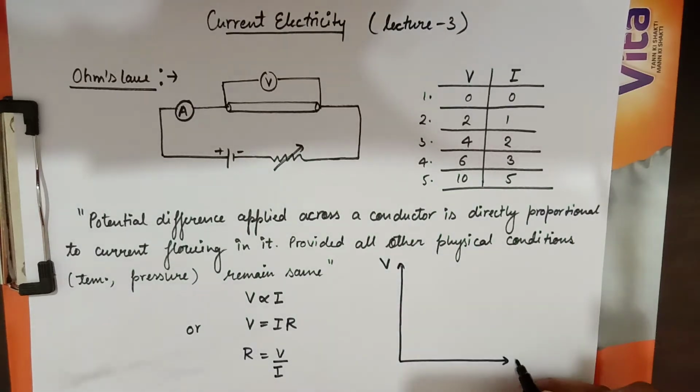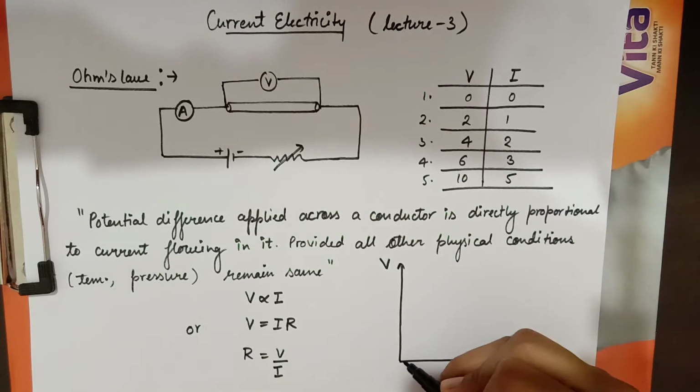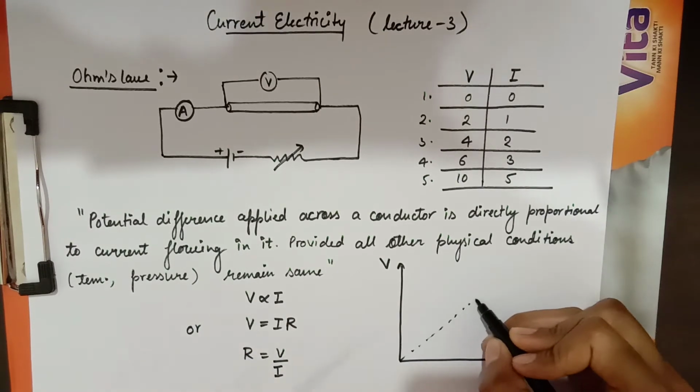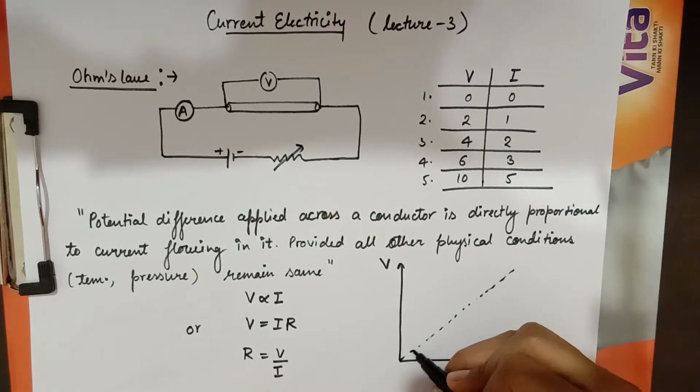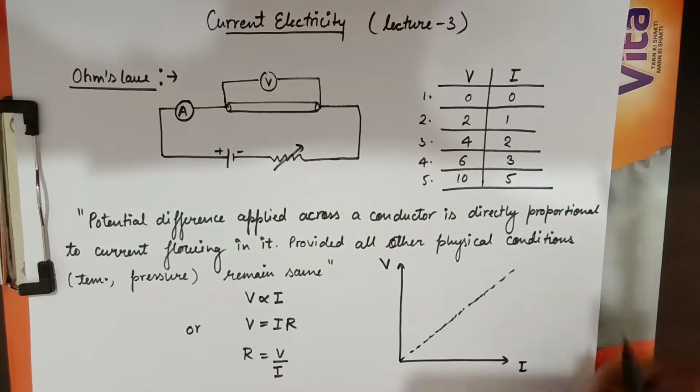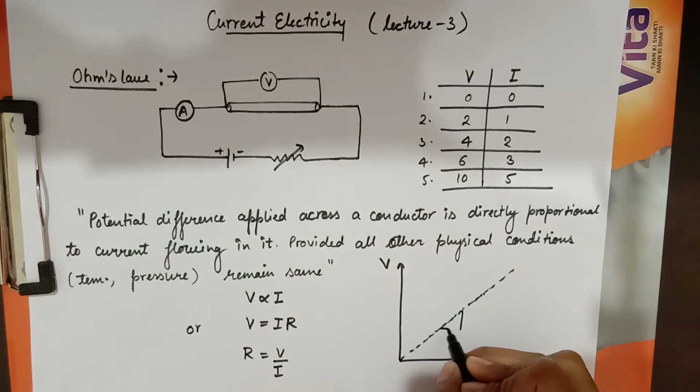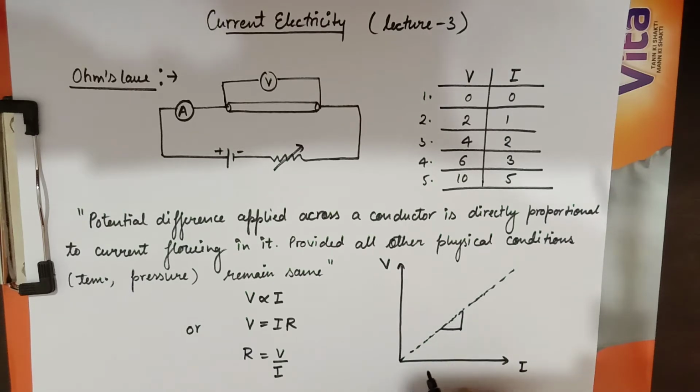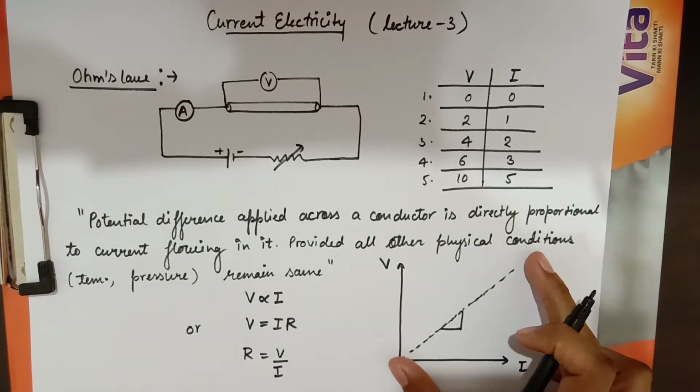If I plot a graph between V and I, suppose this is V, this is I, as you can see V and I are directly proportional to each other, and the graph comes out to be a straight line. So the graph between V and I comes out to be like this, and the slope of this graph gives resistance.